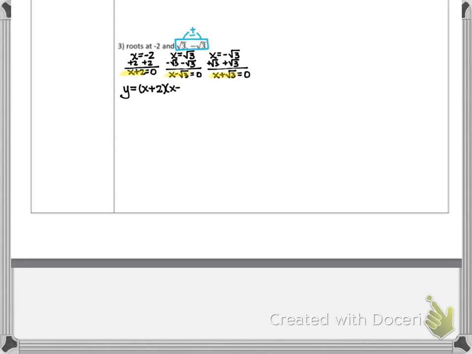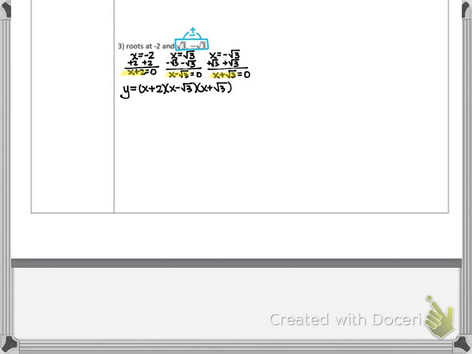Now, I wasn't given any information about going through a specific point, so I'm not going to put an a value there. So I'm just trying to find a general equation for this thing. Additionally, it didn't say to put it in standard form or factored form. However, on first glance, I kind of cringe just a little bit.